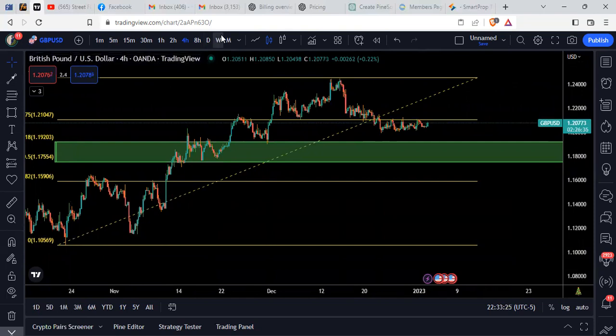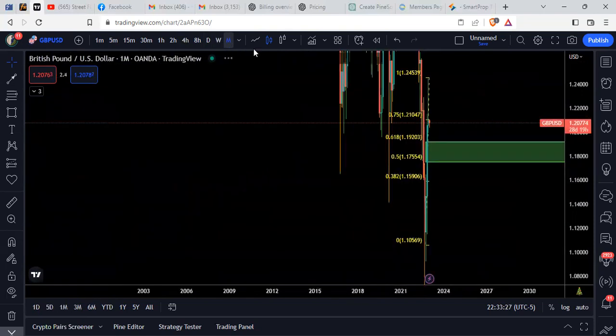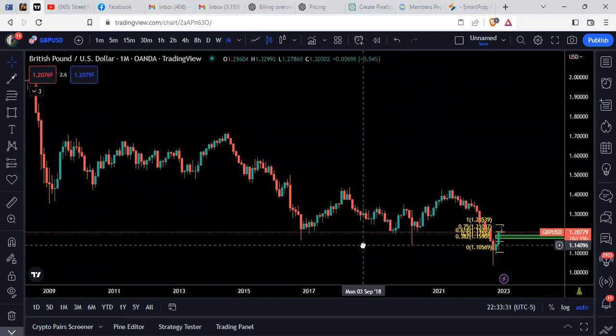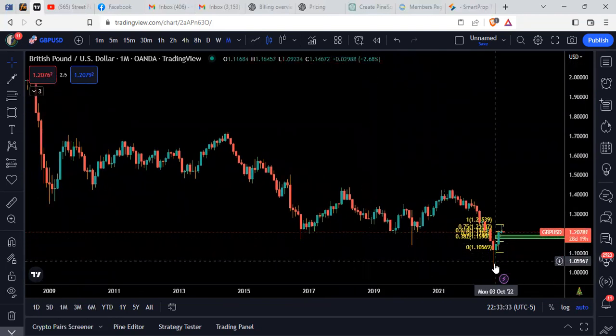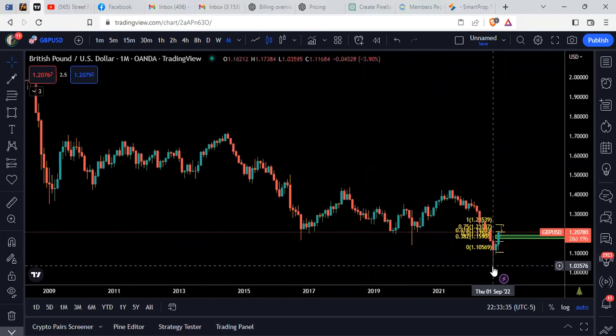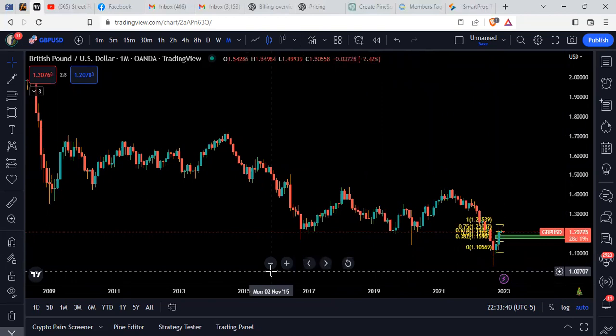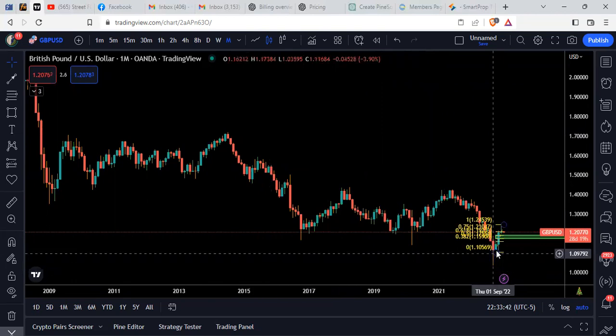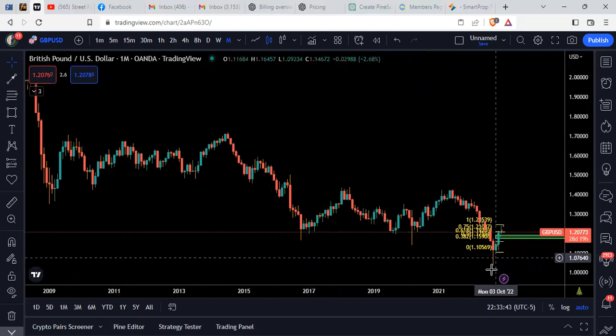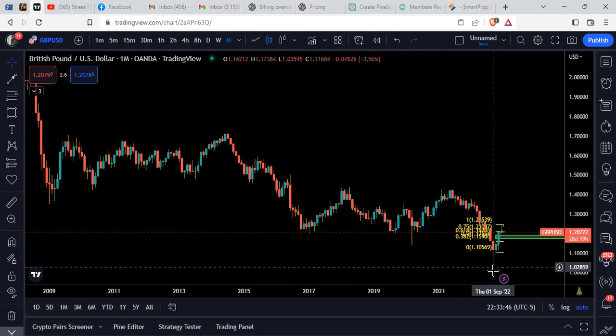And then, hold on, we just go back to the monthly right quick. You see, it was just in September. This is like the all-time low. It never came and tested that again, though. So it's probably what they were anticipating, to see if price was gonna come fill out this right here, and it didn't.